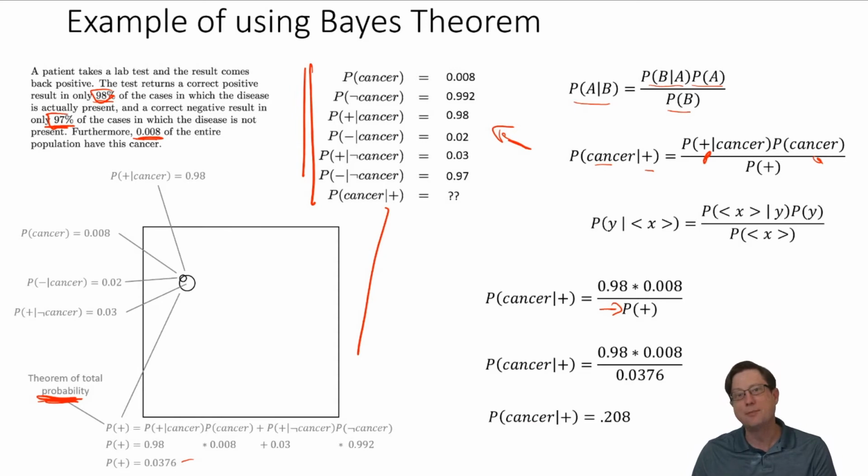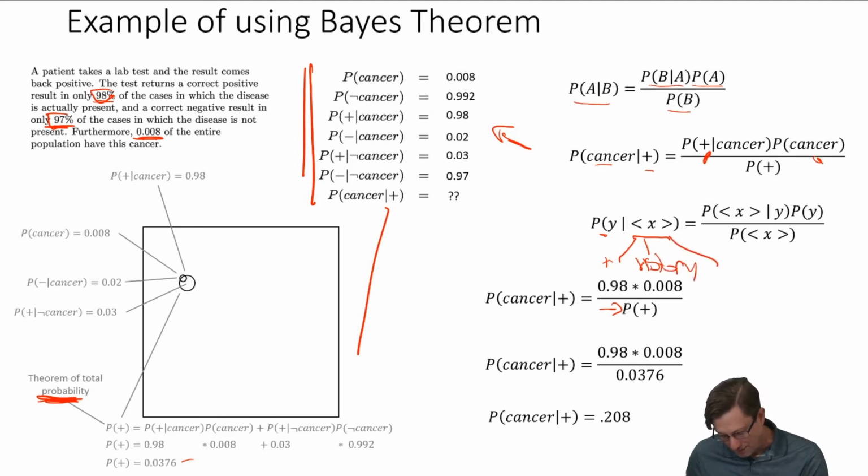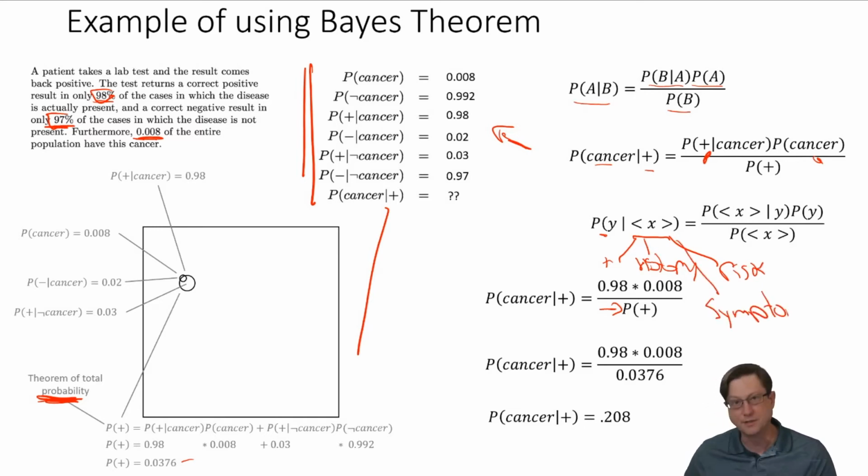So the next step that we can take is to say, well, we don't just need to use plus and cancer. We can put a more general framework of the machine learning that we've been doing throughout the first lectures of this course. We could say, what's the probability of y given that I have a particular feature vector? This feature vector could include the fact that there's a positive test, but it could also include other facts, like that you have a family history of this particular cancer, that you have specific other risk factors, that you have some actual symptoms that are commonly associated with this cancer.